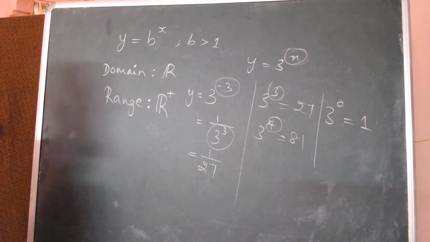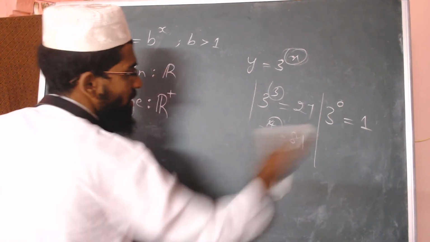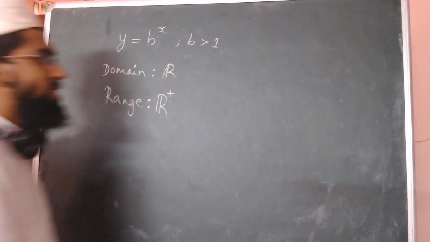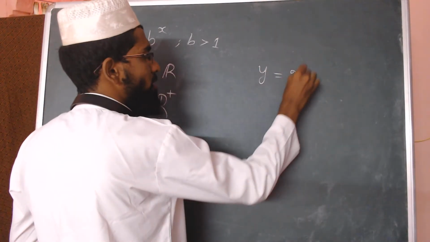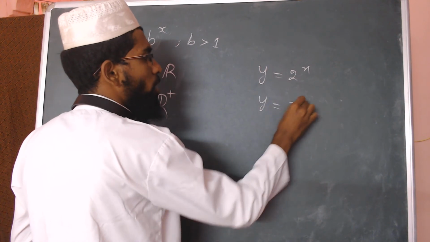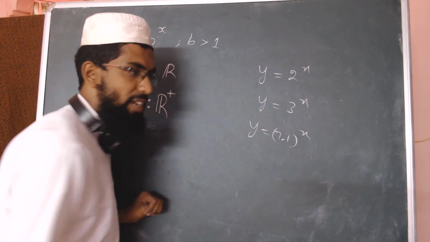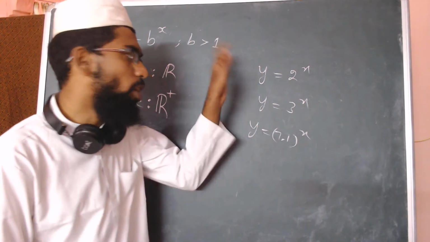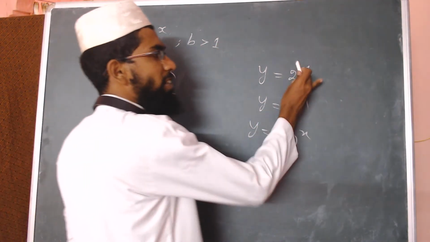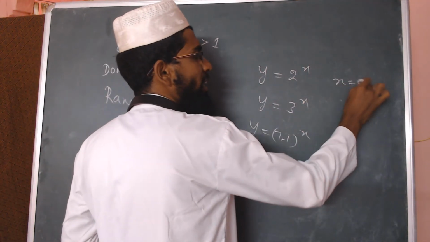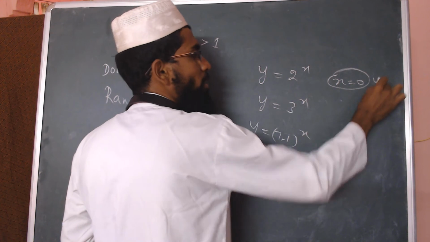One more property we can discuss here is that there is a common point for all exponential functions. Let me take y equal to 2 power x, or y equal to 3 power x, or y equal to 7.1 whole power x, whatever it is. If I put x equal to 0, what will y be? 2 power 0 is 1, so y equal to 1.